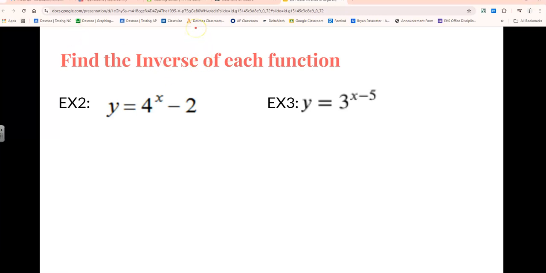On the first one here, x equals 4 to the y minus 2. On this one, you're going to add 2 first. That will give you x plus 2 equals 4 to the y power. And then, Hector, how do I get rid of that 4 right there?